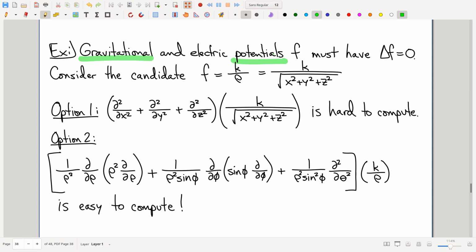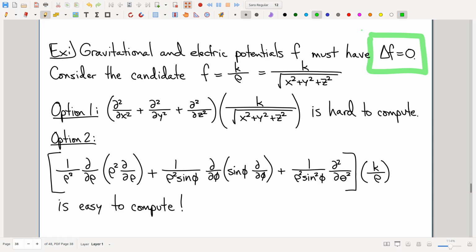Electric fields and electric potentials, as it turns out, are really analogous. So the computation I'm going to show you applies to both gravitational potentials and electric potentials, aka voltage, for those engineers out there. And they have to satisfy what is called Laplace's equation, which says the Laplacian has to work out to be zero.